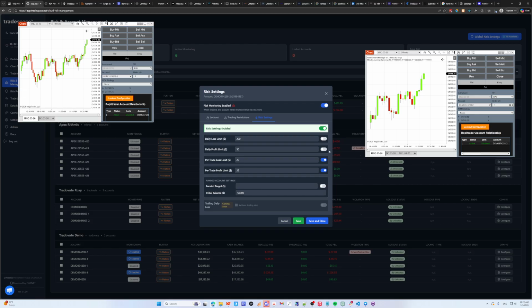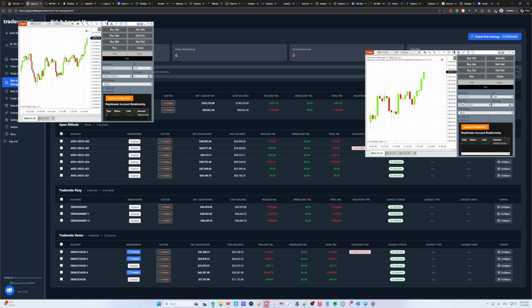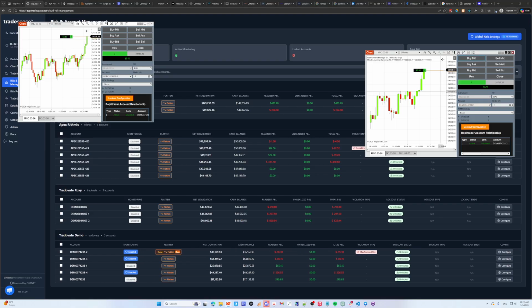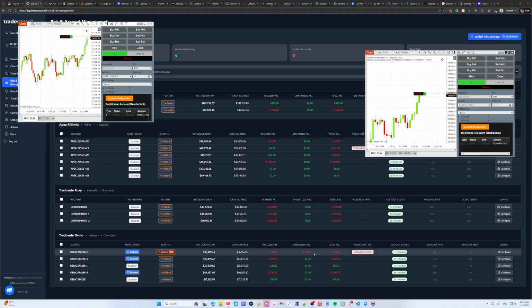Let me disable daily loss limit. We don't want that to be triggered. We just want these. So now let's go back here, and we're gonna get into a position. One of these is we're either gonna hit a per trade. There it is.